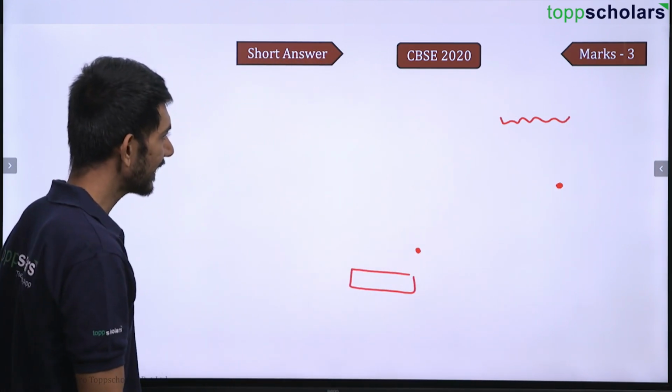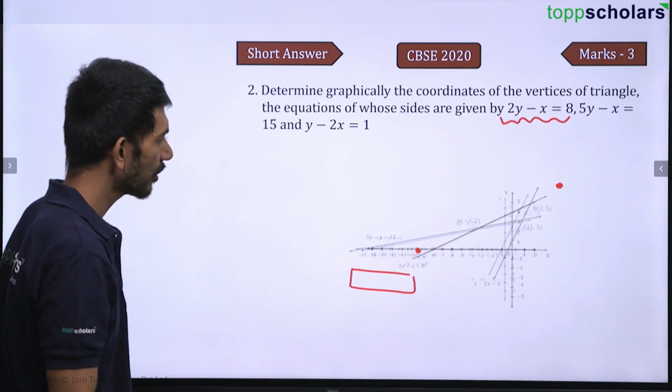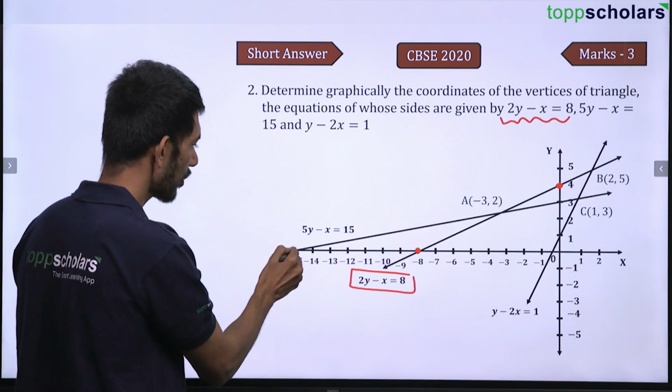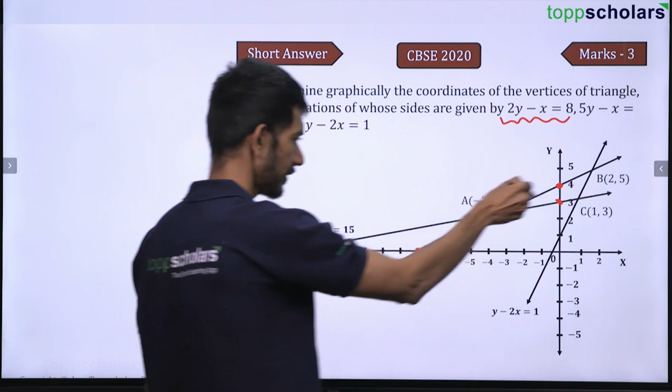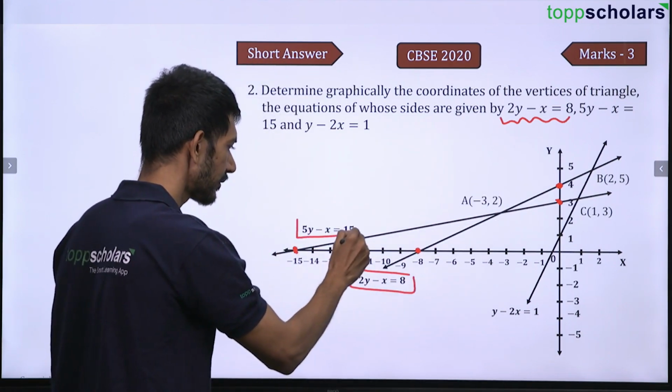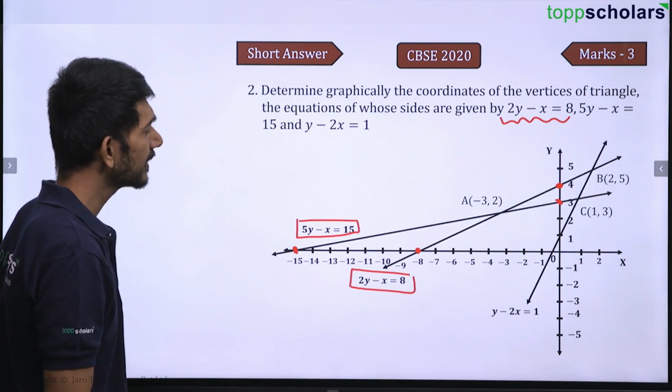Then if you see the second line, the table of values, 0, 3, minus 15, 0. See, minus 15, 0, 0, 3. This is the second line, which is this, right? And the third line.